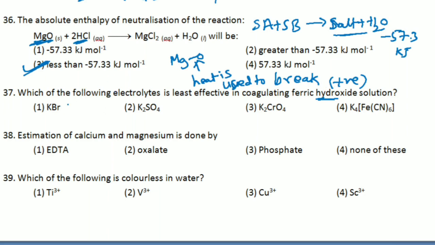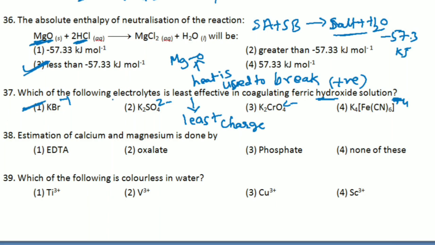Now you have to select the negative ion which is least effective. They are telling least effective. Remember, least effective means least charge. In which case is it least charge? So KBr minus 1, SO4 2 minus, CrO4 2 minus, here it is minus 4. Answer for this question is the first one. 37th question, answer is first one.